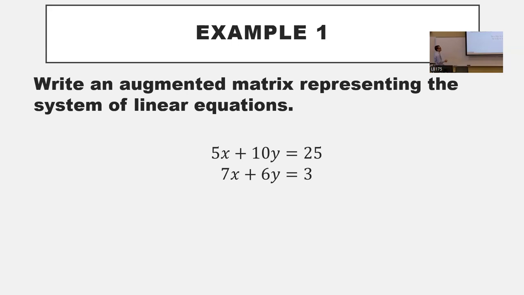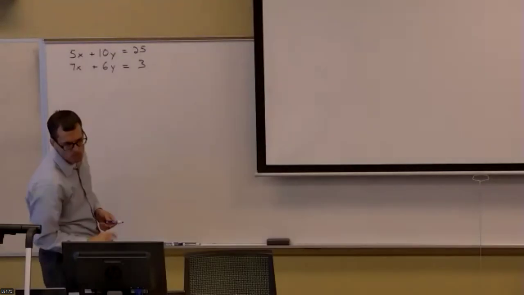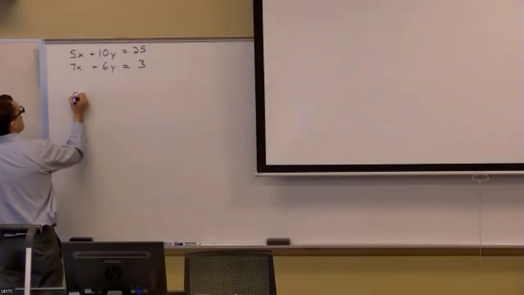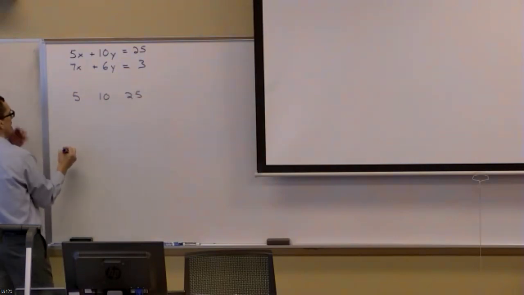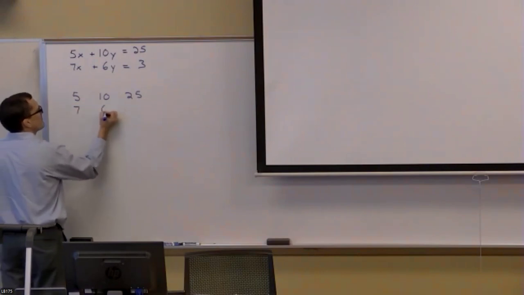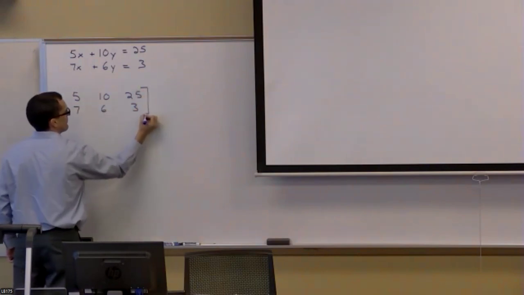So if we have a system of linear equations like this, where it's already all lined up for me, it's pretty straightforward to turn that into an augmented matrix. 5, 10, 25 would be row 1. 7, 6, 3 would be row 2.